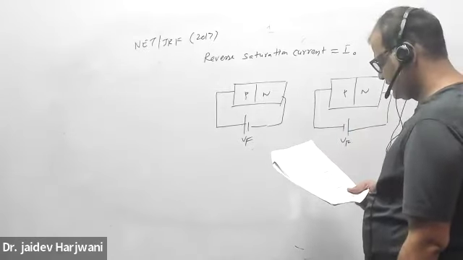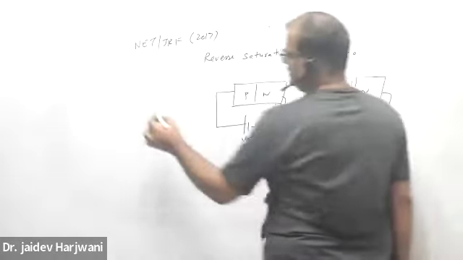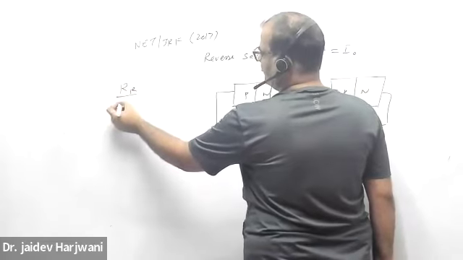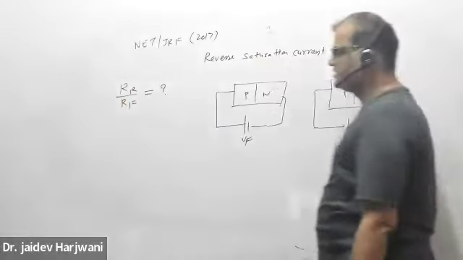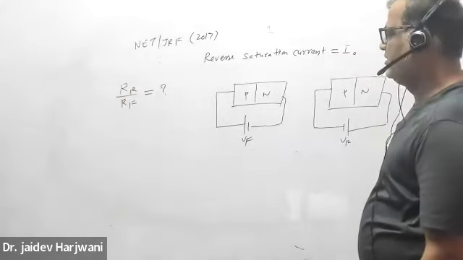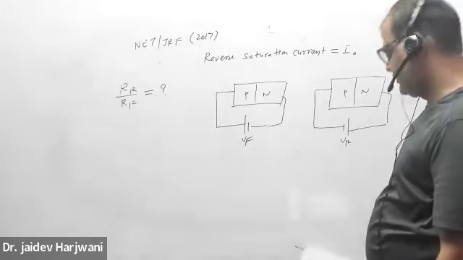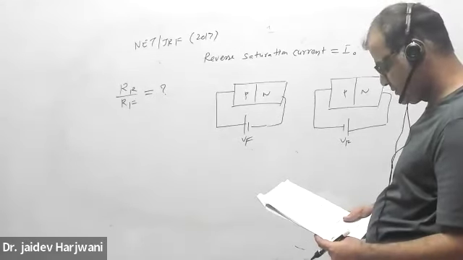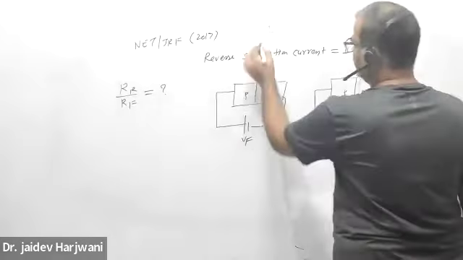Now it is asking to find the resistance ratio, the ratio of the reverse resistance to the forward resistance of the diode. For that they have given eta, the ideality factor.